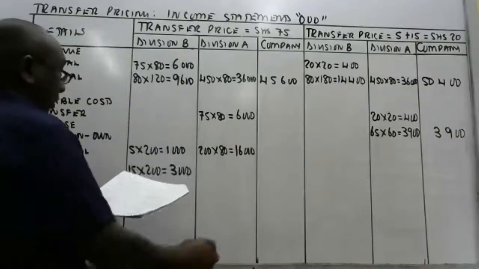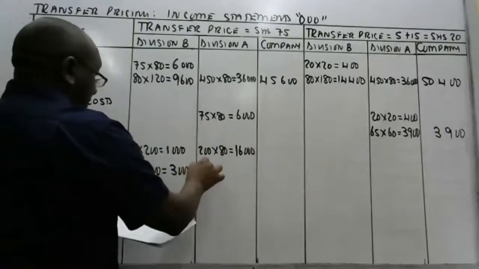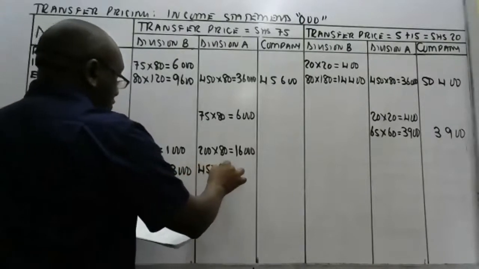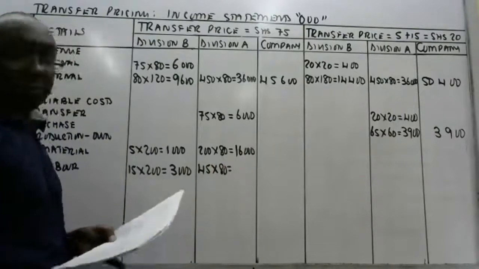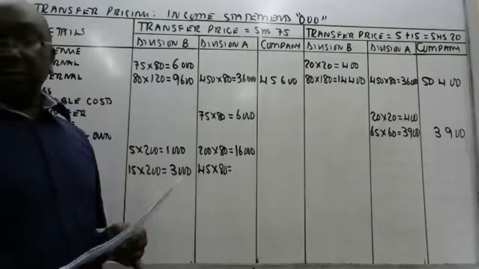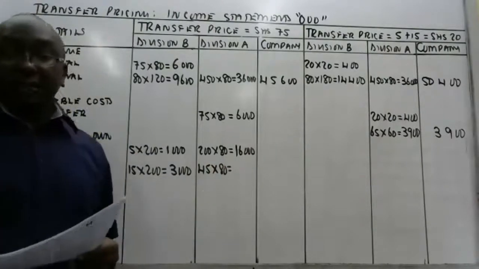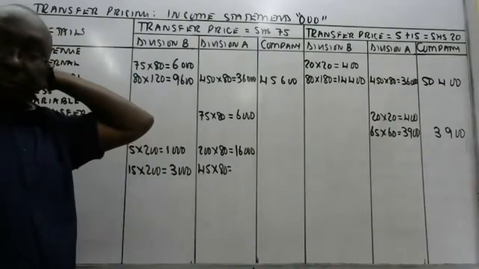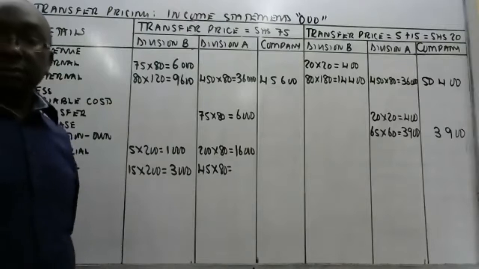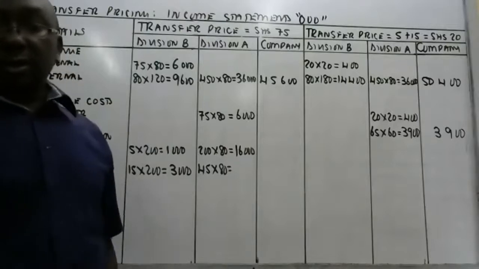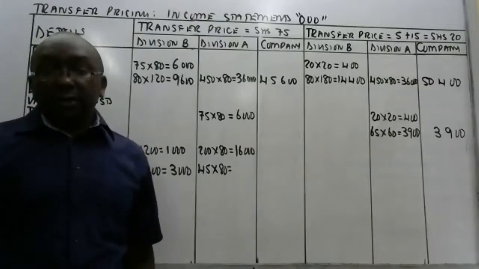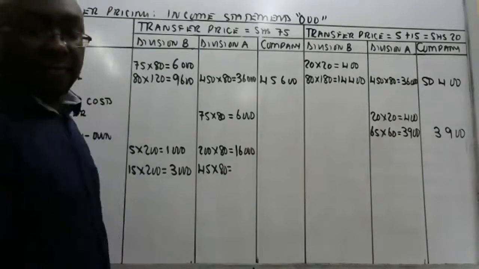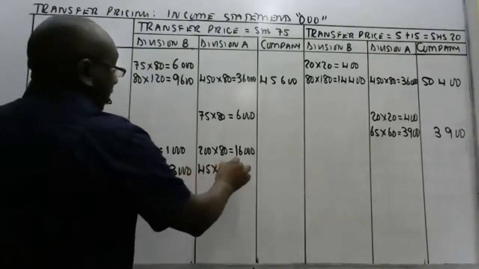For labor, it will be 45 times 80 units, which is 3,600.